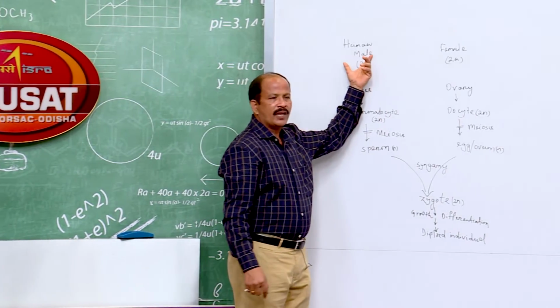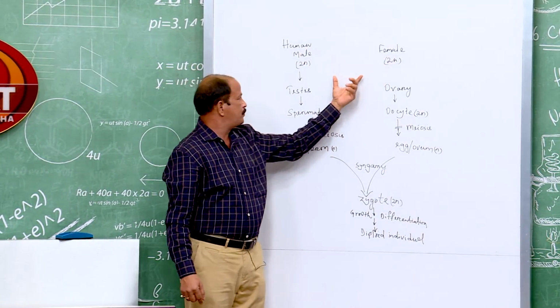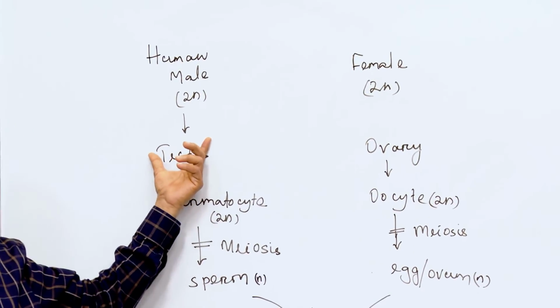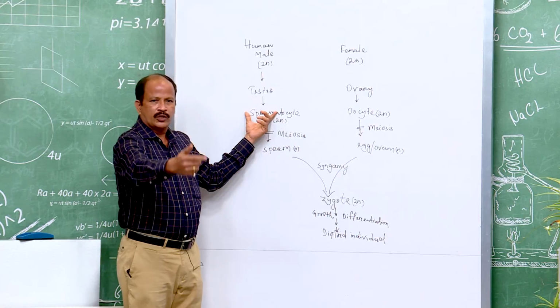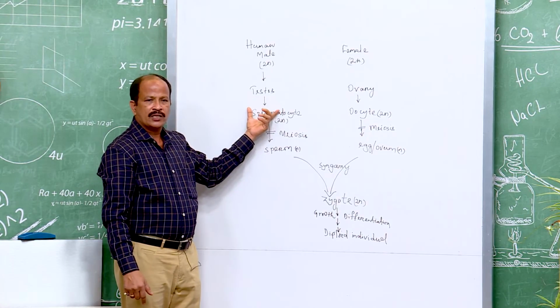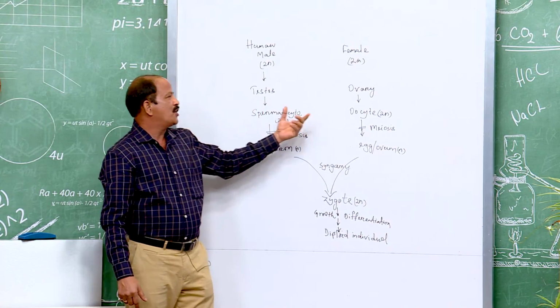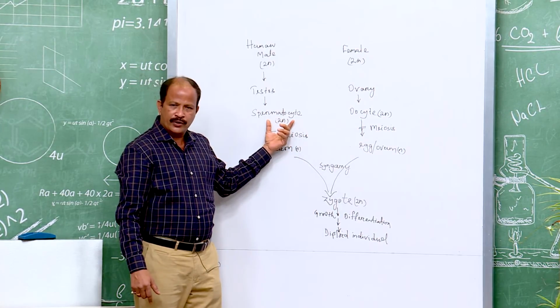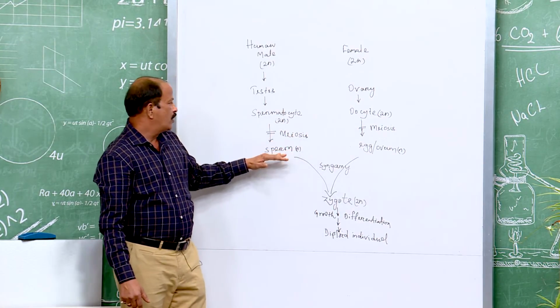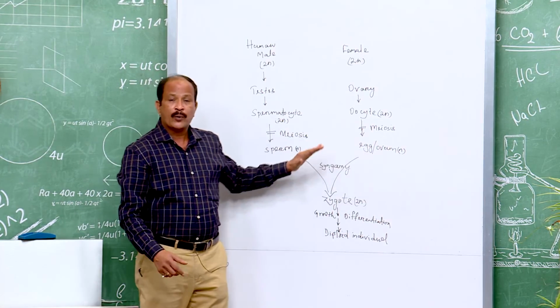Both human males and females are diploid. In their sex organs, they have diploid cells, and these diploid cells, in male they are spermatocytes, in female they are oocytes, they go for meiotic division and ultimately sperms and eggs are produced in the males and females respectively.